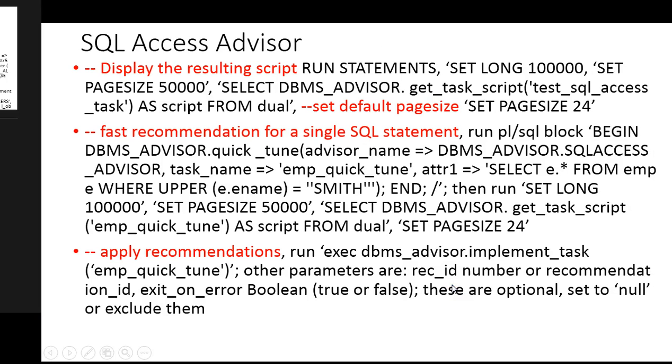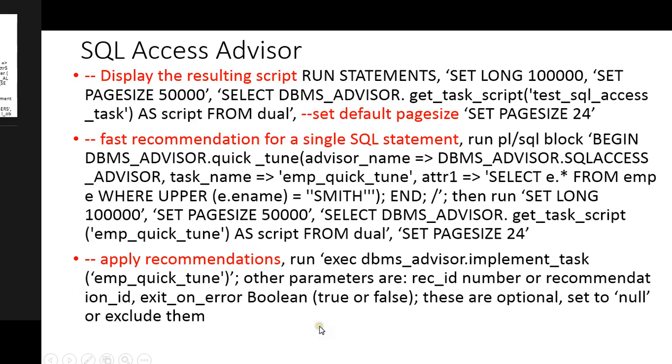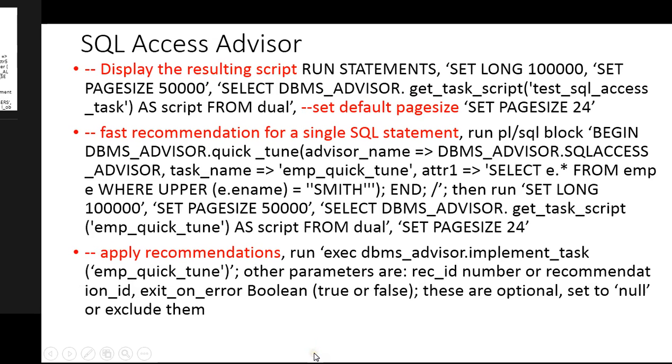So pretty much, as I just showed you, you can run a long script and basically just analyze the entire database and find which objects need either an index, materialized view, or materialized view logs.